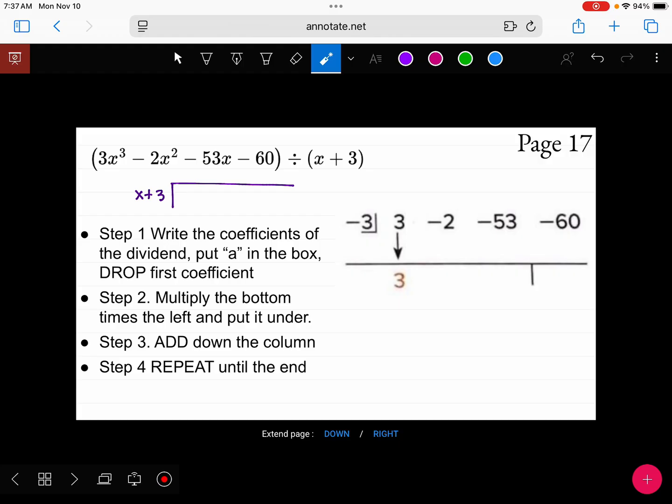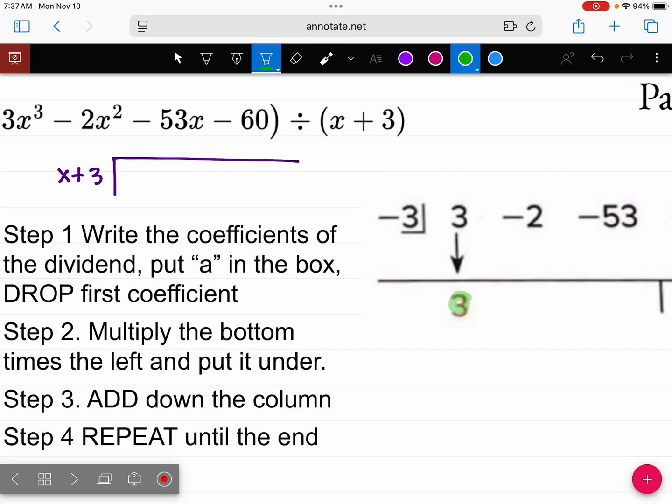In order to do the actual multiplication, what we're going to do is we take what's on the bottom times our root, and we're going to put it under here. So I'm going to take this 3, this one just fell on down, times our -3, and we're going to put it underneath.